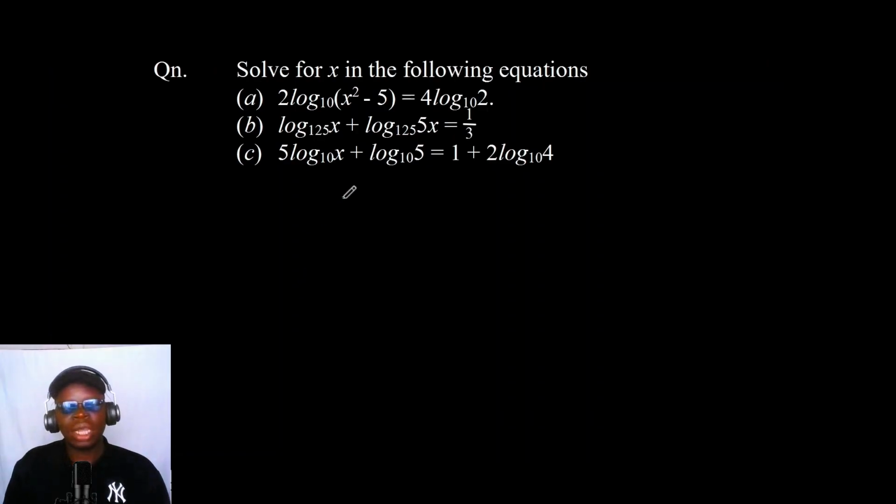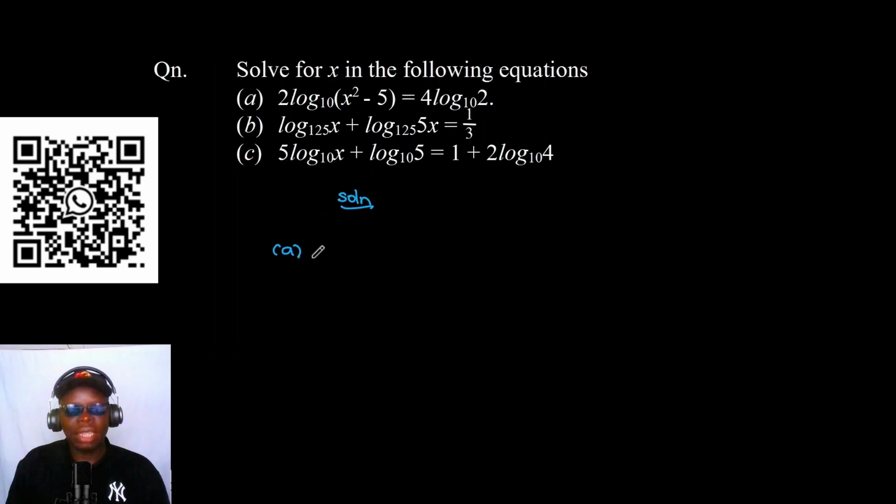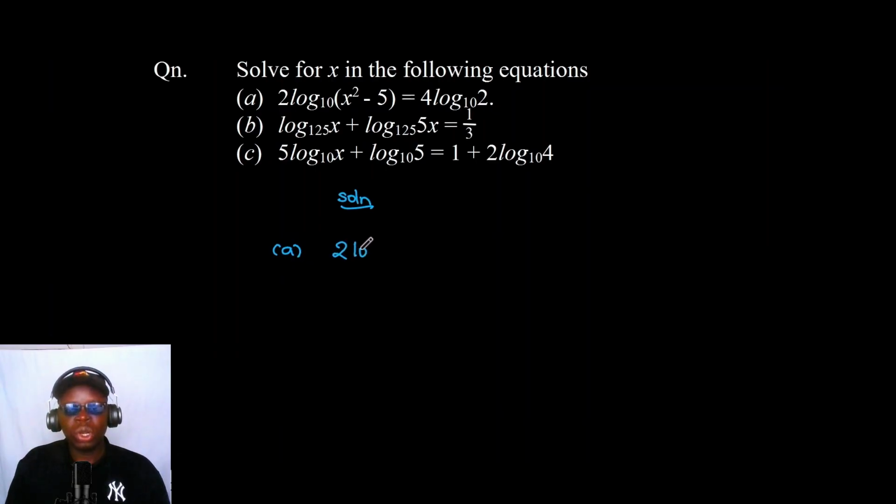So when we take a look at these questions, they are a little bit easier than we think. We're going to start with part A of the question that says 2 log to the base of 10 of x square minus 5, and this is equated to 4 log base 10 of 2.